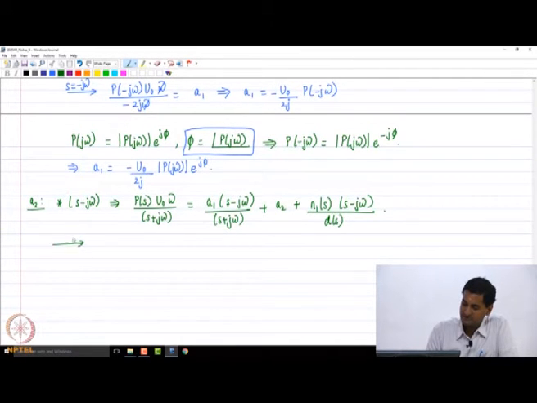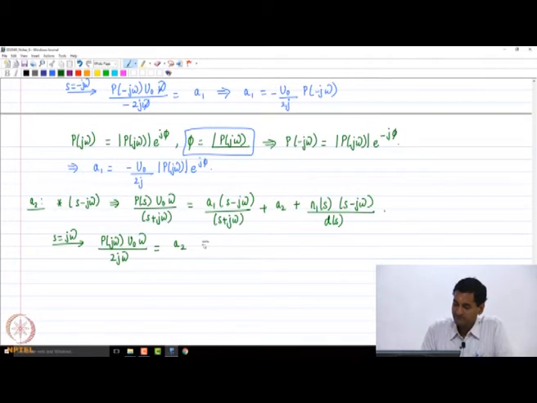Now, what should I do? Here I substitute s equals j omega, that is the root of this particular factor. So what will I immediately get? I will get P of j omega u naught omega divided by 2 j omega equal to A2. So omega and omega will immediately cancel.